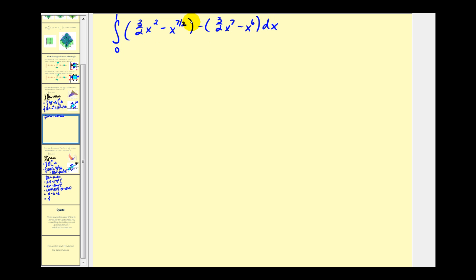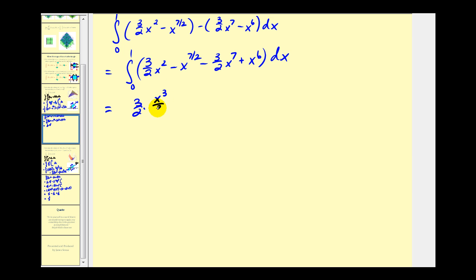Let's go ahead and clear the parentheses here. Notice we don't have any like terms, so we're going to integrate this now. We'll have 3/2 times x to the 3rd over 3 minus, 7/2 plus 1 would be 9/2, so we'll have 2/9 x to the 9/2, minus 3/2 x to the 8th over 8, plus x to the 7th over 7.